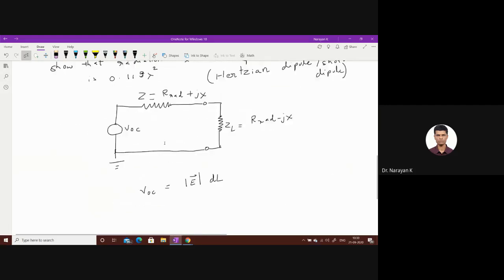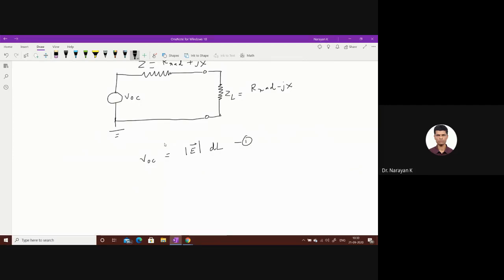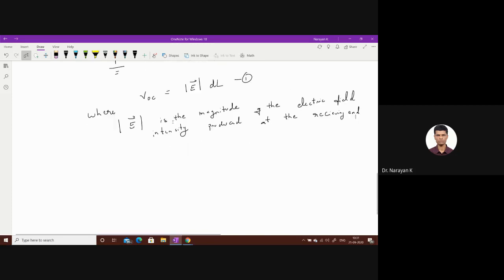I will call this equation 1, where E is the magnitude of the electric field intensity produced at the receiving end. Got it, all of you?